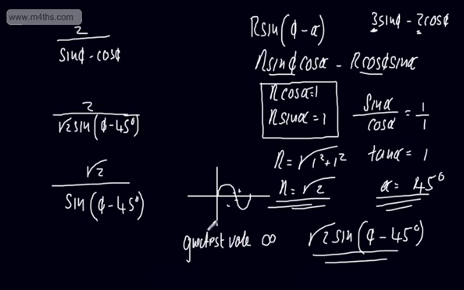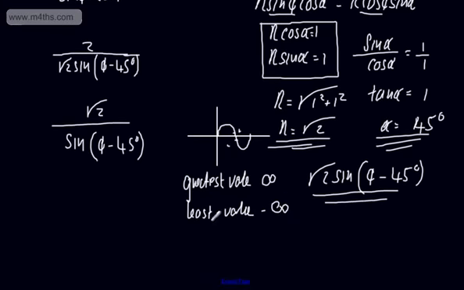It's going to tend to positive infinity. The least value is going to be in the opposite direction. We can make this fraction as big as we want or as small as we want. We're making it hugely positive or hugely negative. And that's as a result of understanding what happens to the sine function. Now, that is the largest and smallest value of the fraction.